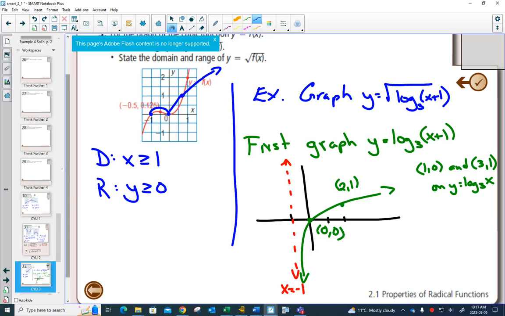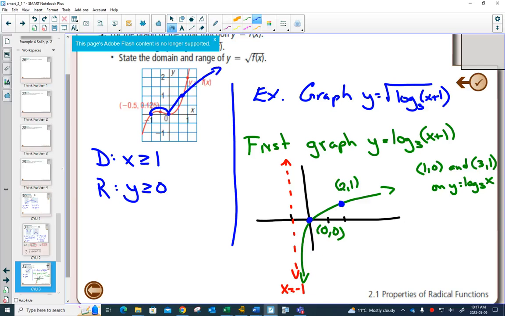Now, if we wanted to graph the square root of that, again, once the graph is made, your steps are exactly the same every single time. You're going to look: is the graph ever 0? Is the graph ever 1? Yes. That's where my y values are 0, at 1 and at 0.